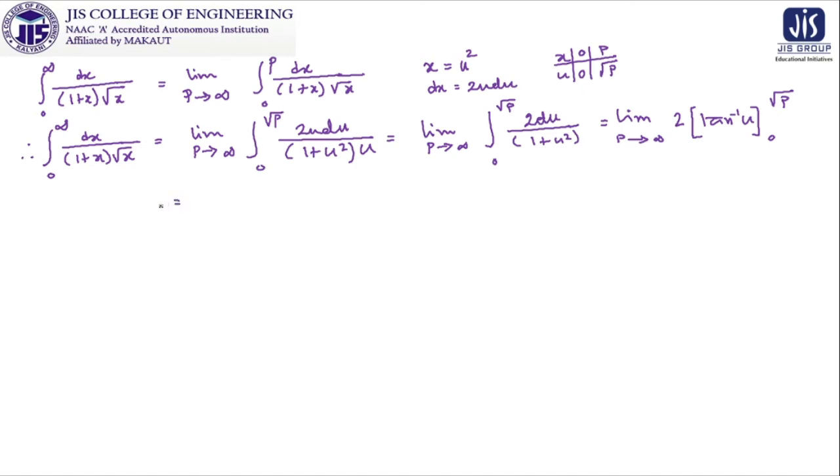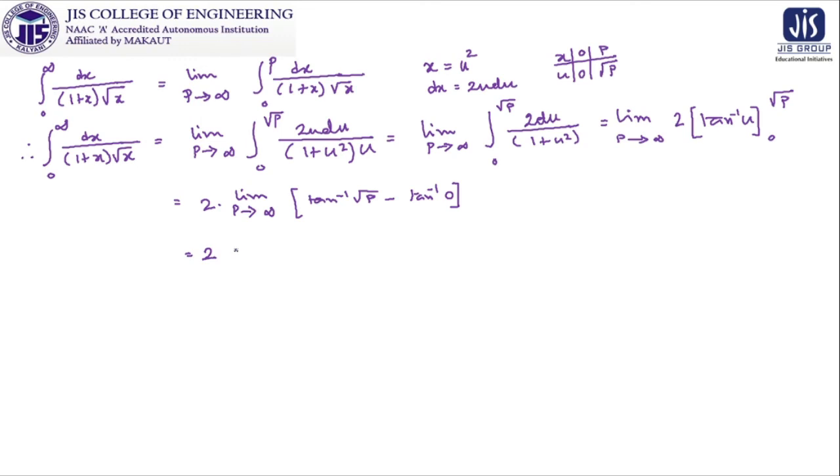So in the next line we write 2 into limit p tends to infinity, tan inverse root p minus, if you put 0, tan inverse 0. Tan inverse 0 means 0, but initially we write it in this form.